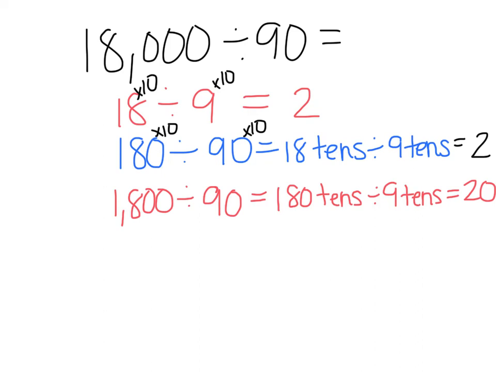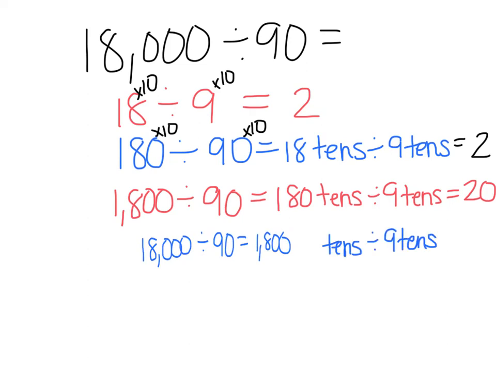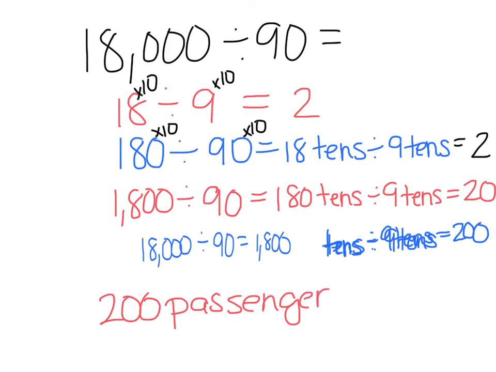So now, if we took our original problem, because that's adding the next zero, and we had 18,000 divided by 90, that would give us 1,800 tens divided by 9 tens, which would equal 200. So that is our final answer. If there's 18,000 passengers that go on 90 flights, we would have 200 passengers per flight.